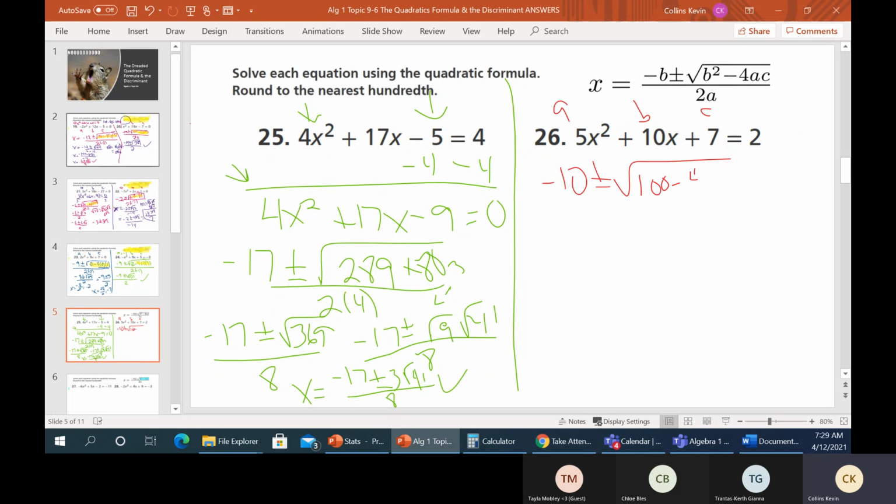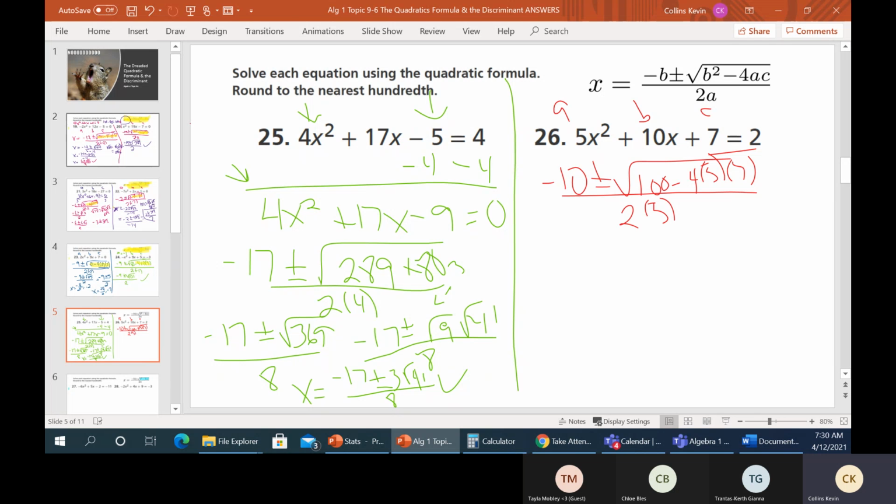And then minus 4 times A, which in this case is 5, times C, which is 7. And all that stuff is going to be over 2 times 5. Okay, cool.